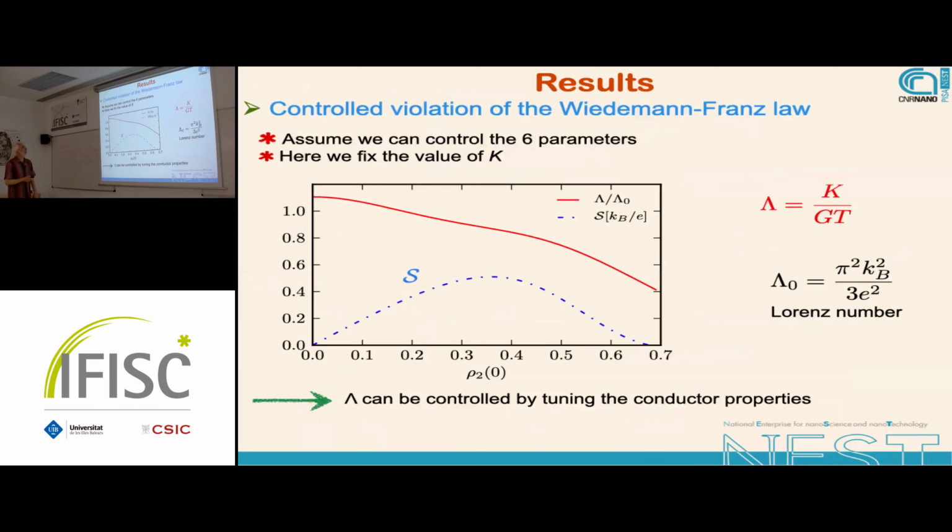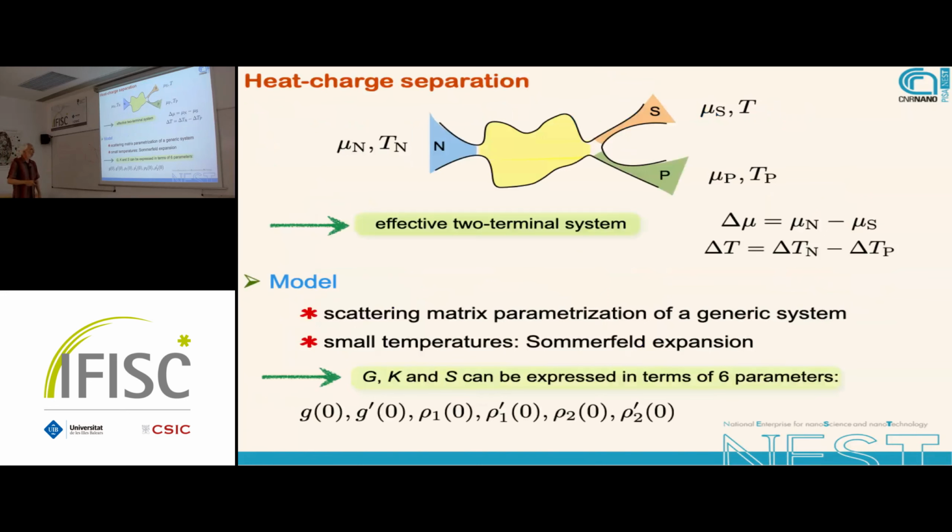So, for example, these are some results which prove the fact that you can violate the Wiedemann-Franz law. These are the parameters which enter the scattering matrix of this system here.